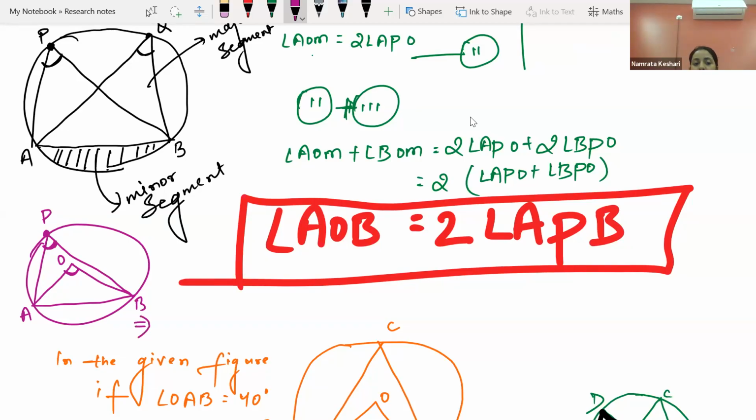So can we write from here that angle AOB is double of APB? Can we write it? Yes, ma'am. We can write it.